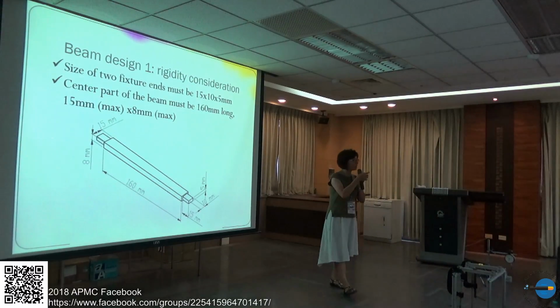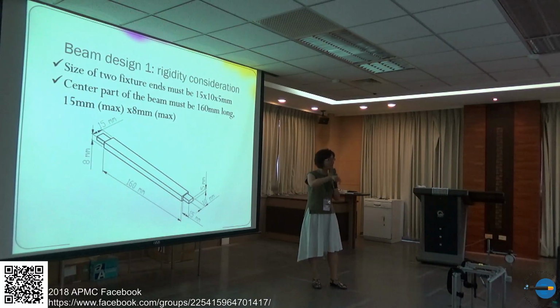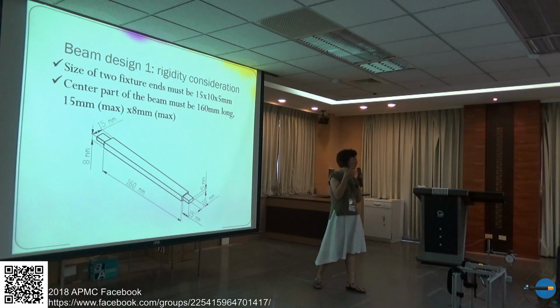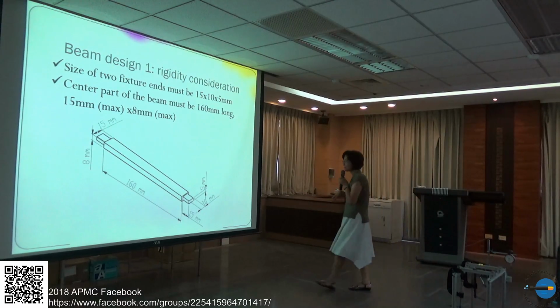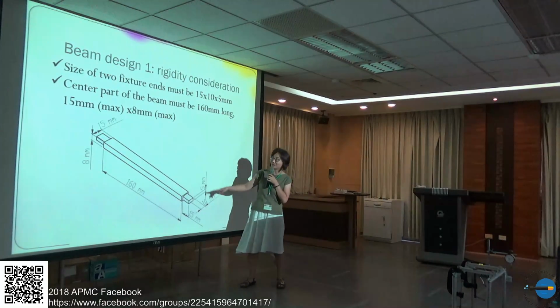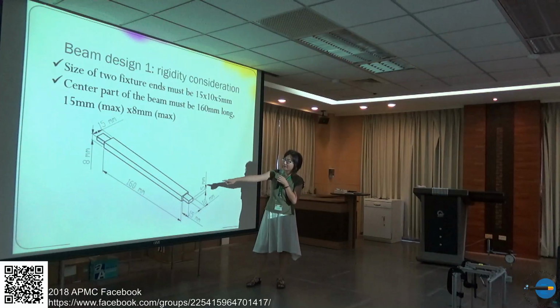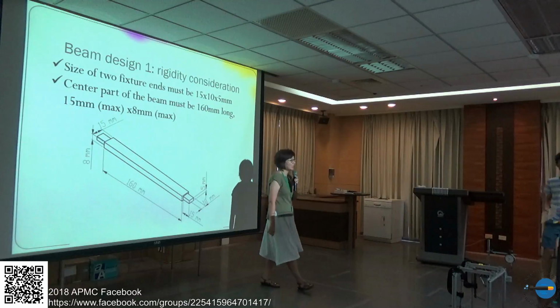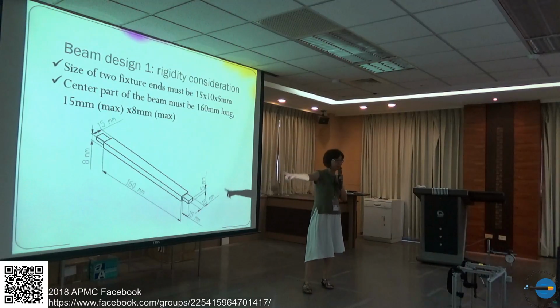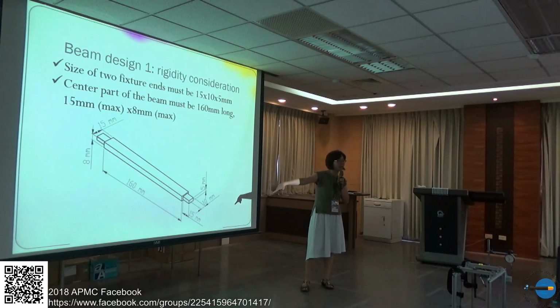So if your beam specimen cannot fit into the fixture, then you will get 0 points. Okay? So these 2 ends must be like this. Okay? And the center part should be 160 millimeter. The length is fixed. Okay?